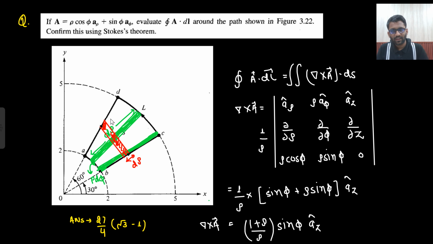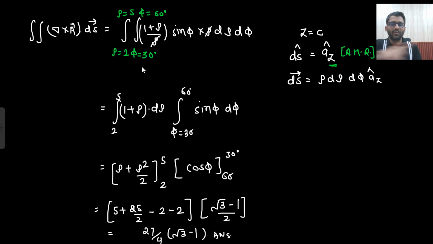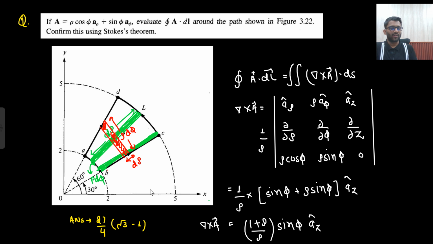And what will be this value? Rho d phi. So again the same thing will be happening. D rho is going from 2 to 5 and d phi is going from 30 degree to 60 degree. It can come from 60 to 30 as well, but we will take from 30 to 60. Why is that so? Because I have told you always you need to take the limit from lower to higher. So the same answer would have come. You can take the strip in any direction.